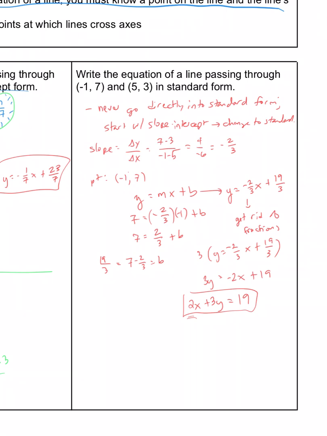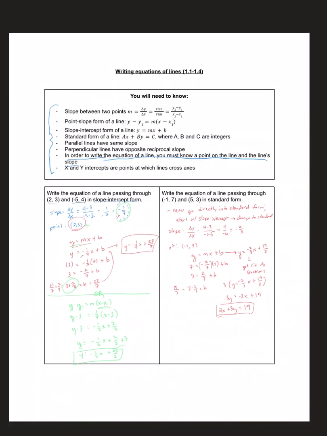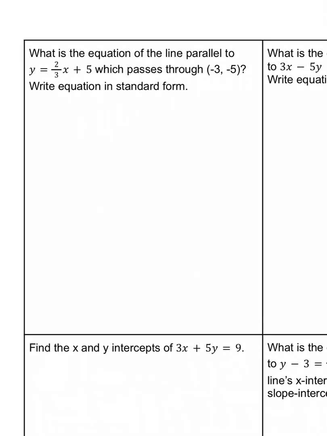All right, let's flash over to the second page. Now, this time we're asked to find the equation of a line parallel to a given line which passes through a point. So again, we want point and slope. So the point is given to us.